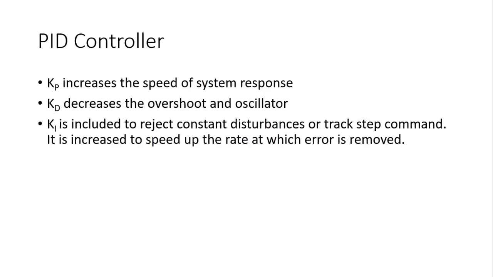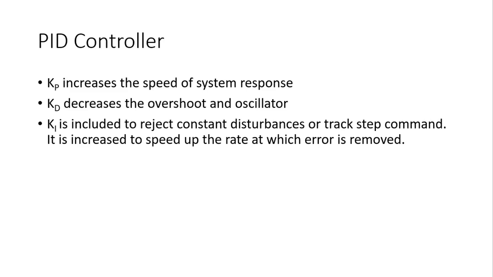Typically, if you increase kp, it speeds up the system response. In many cases it actually decreases the steady state error too. So kd is mainly used to decrease overshoot or oscillation. And ki is included.